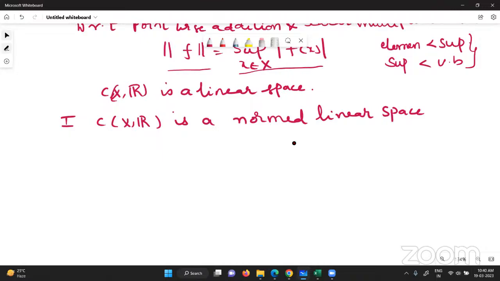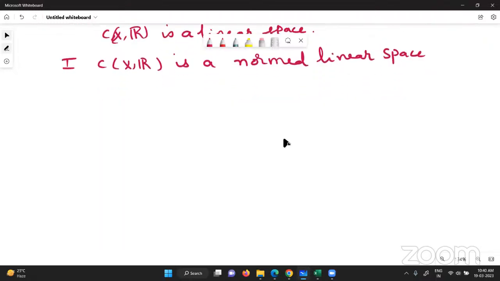All of you know the properties: norm f is always greater than or equal to 0, norm of f plus g is less than or equal to norm f plus norm g, and norm of alpha f equals mod alpha into norm f. First you have to prove that C(X,R) is a normed linear space.